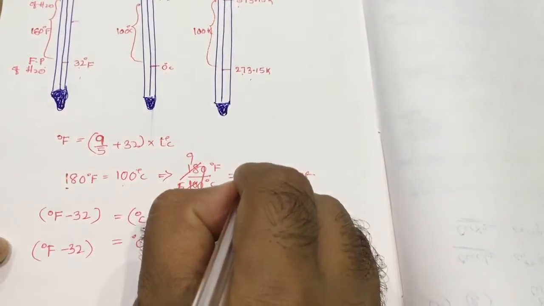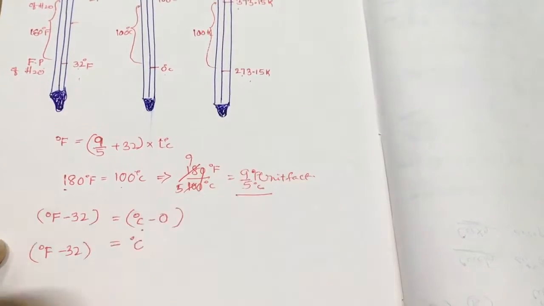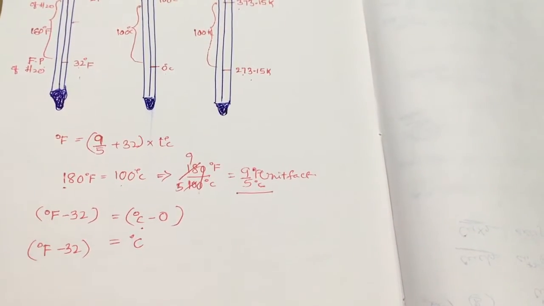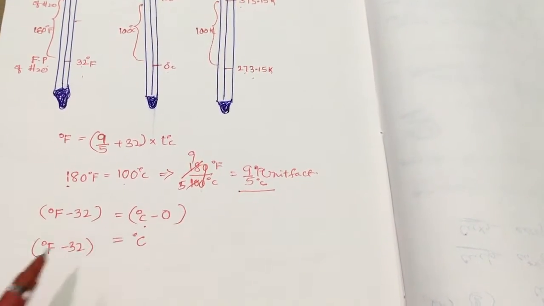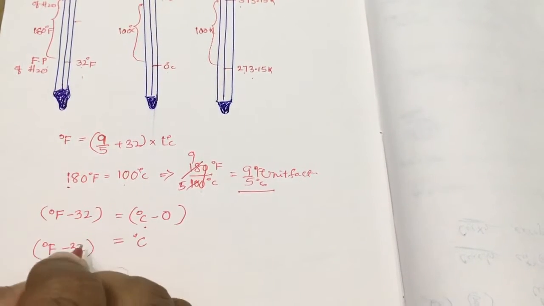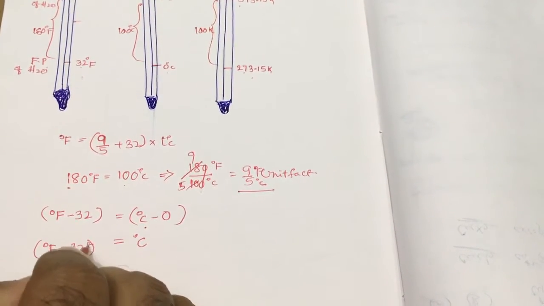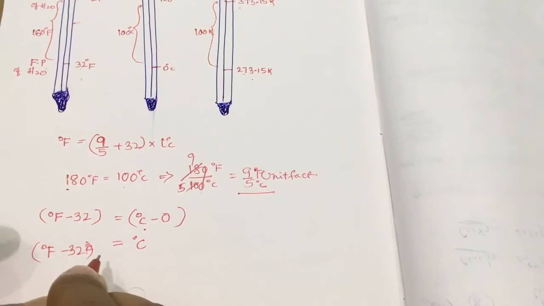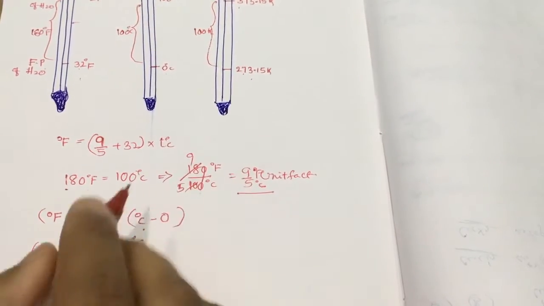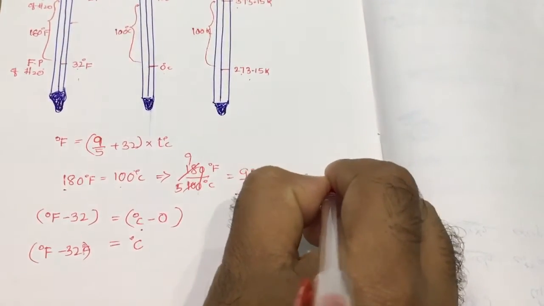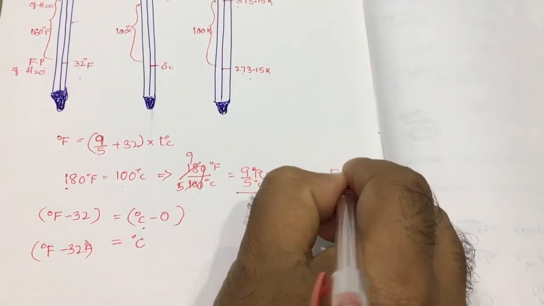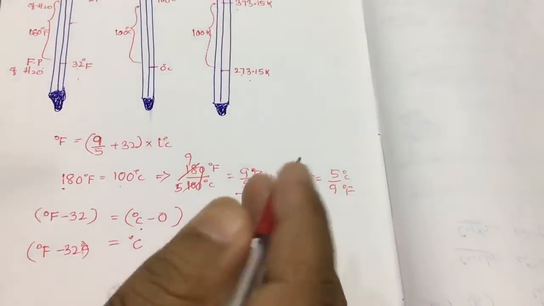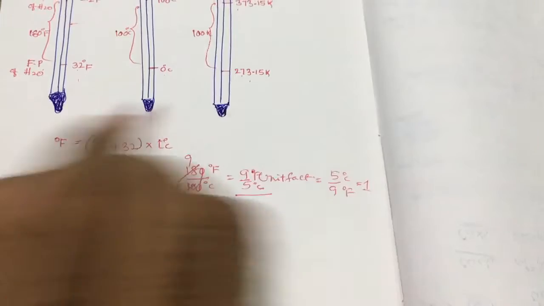Here degree Fahrenheit is there, here degree Celsius is there. The degree Fahrenheit unit should be cancelled, so it can be 5 by 9 degree Celsius per degree Fahrenheit; both give 1 only.